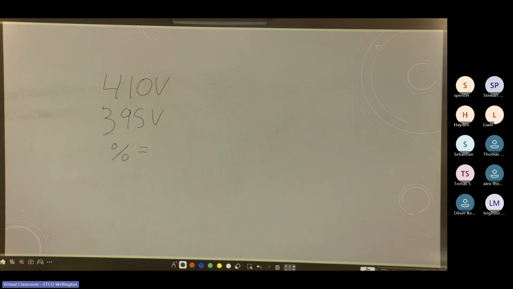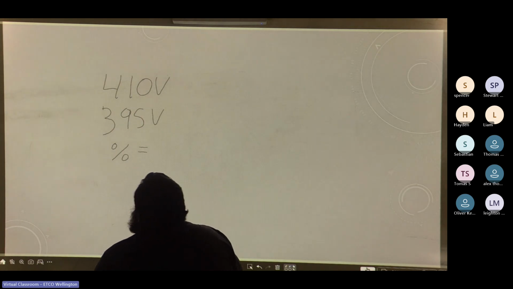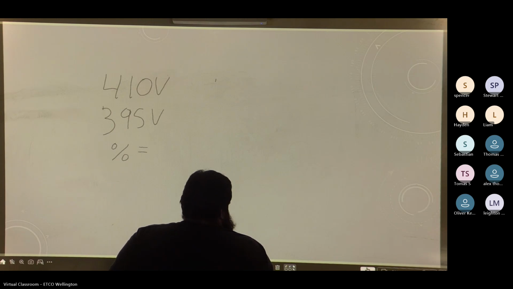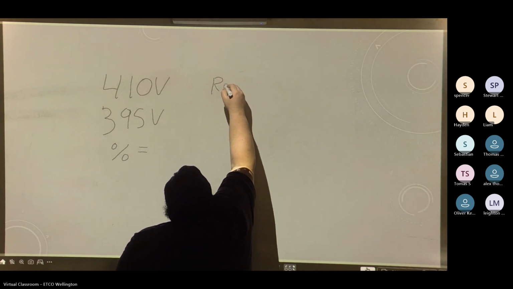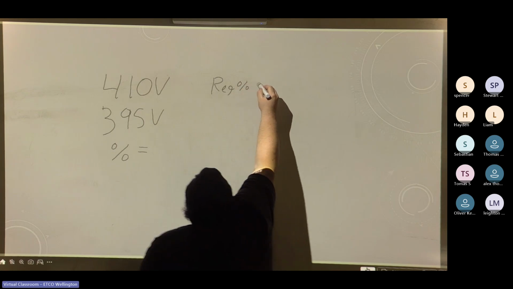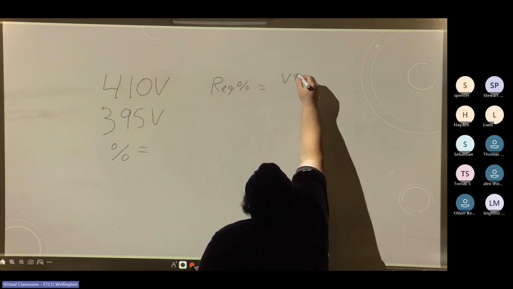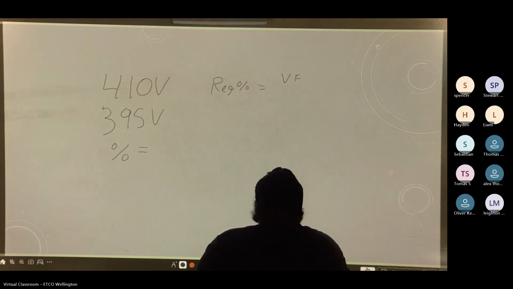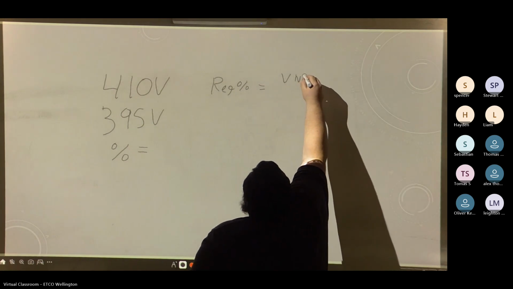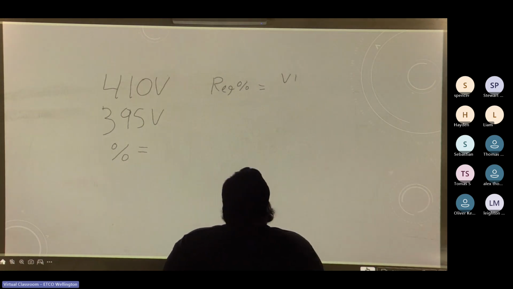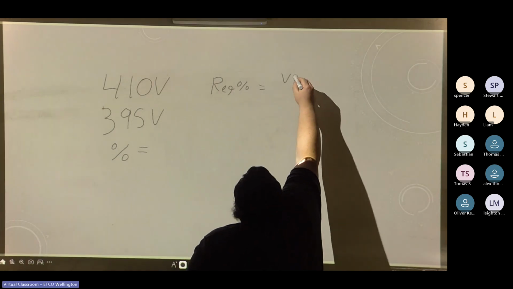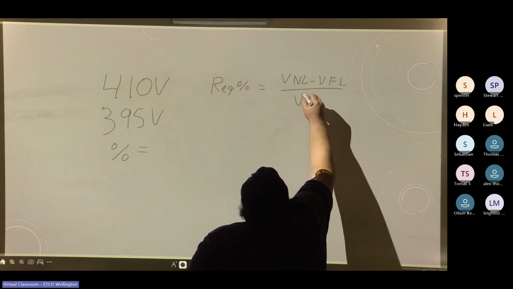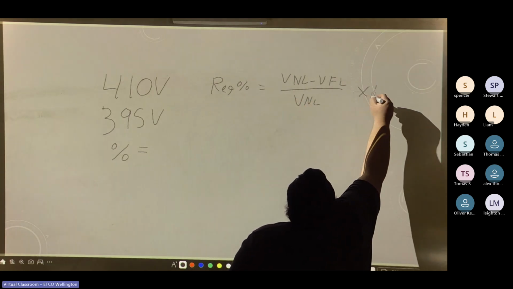Cool. So let's work it out. We know our regulation percentage is voltage no load minus voltage full load over voltage no load times 100.